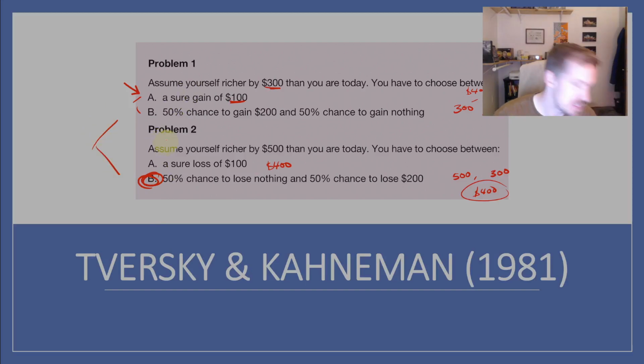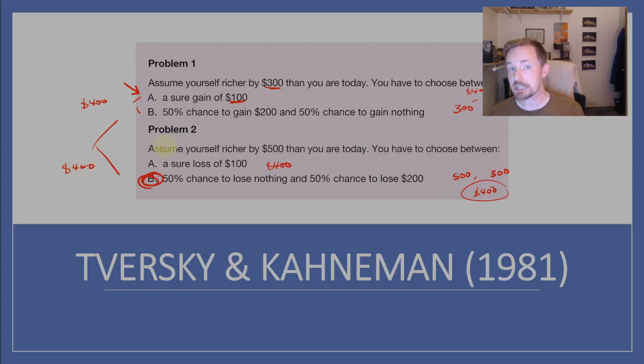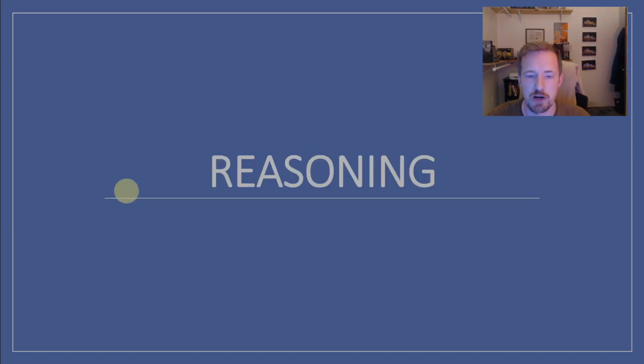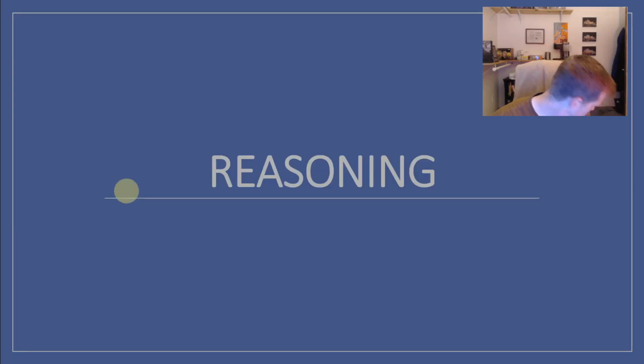Basically what we're saying is that in problem 1, either option is going to give you $400, and in problem 2, either option is going to give you $400. People choose very differently here. More people choose A when framed this way, more people choose B when framed this way, and that is framing effects. All right, let's take a quick break.